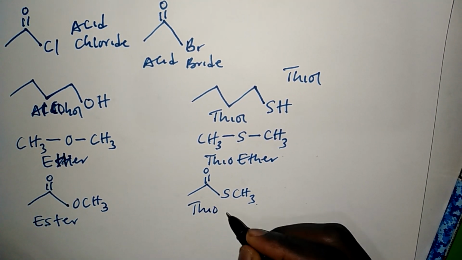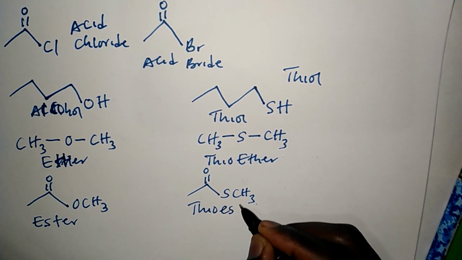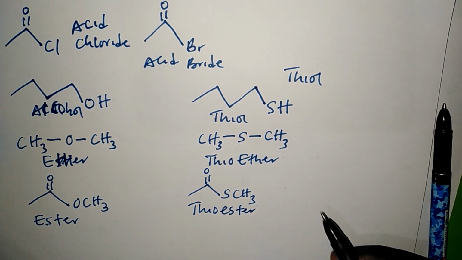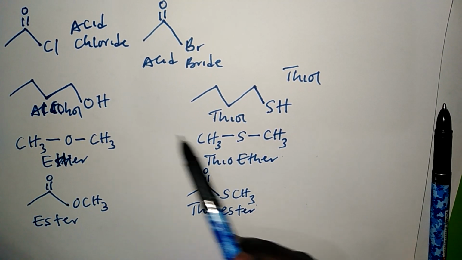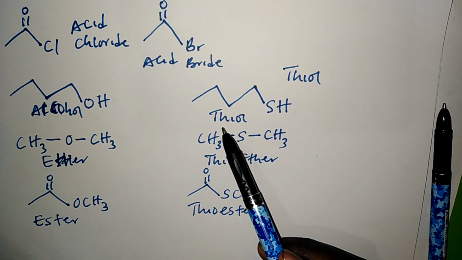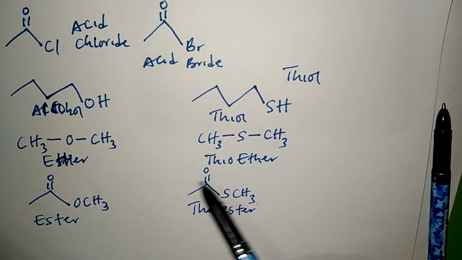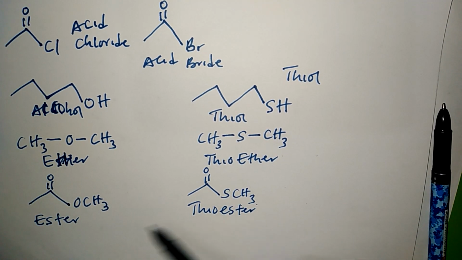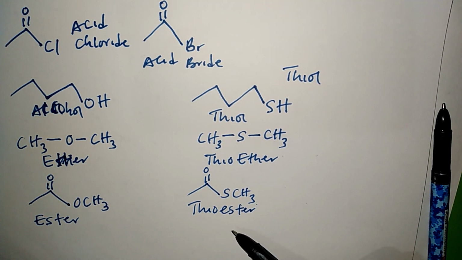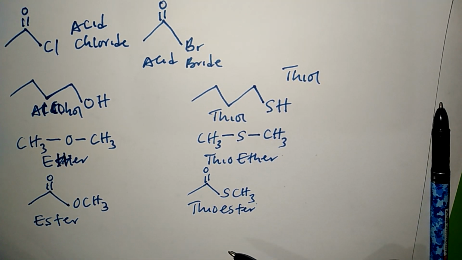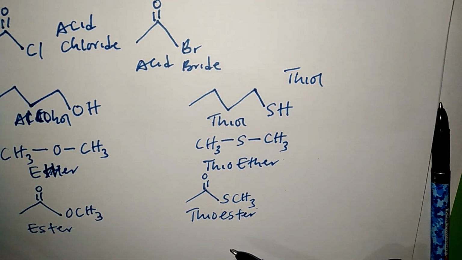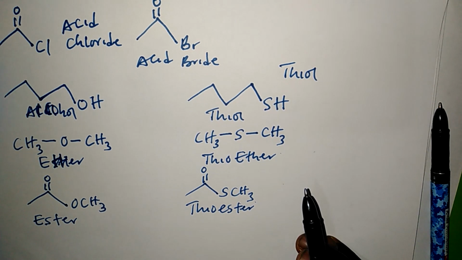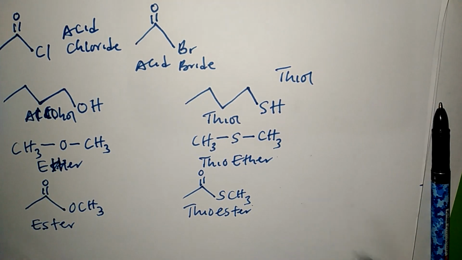So this particular compound will now be a thioester. So you see, an alcohol, a thiol. You see, ester, thioester, ether, thioether. So whenever you see sulfur included in a compound, you put the word thio.